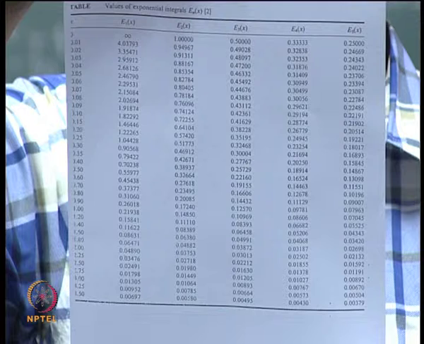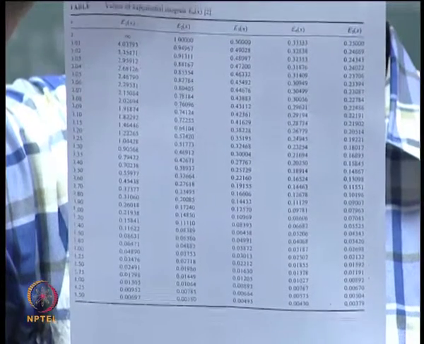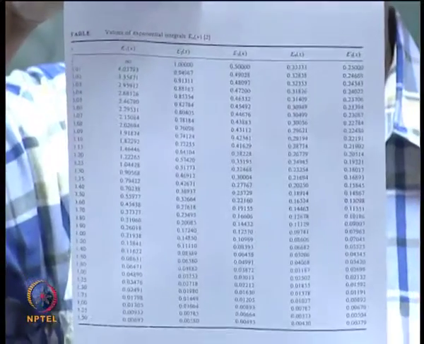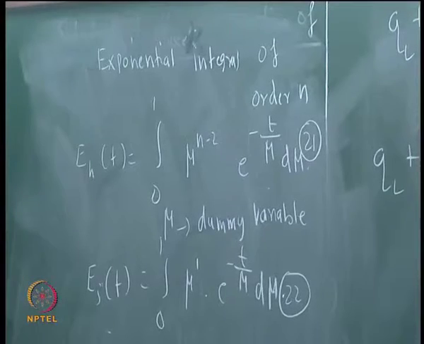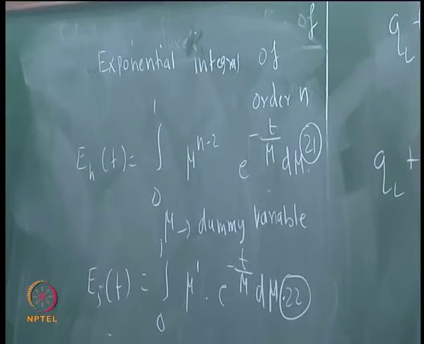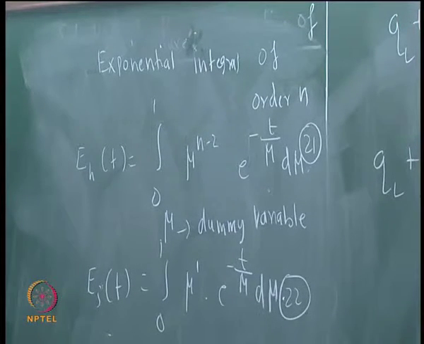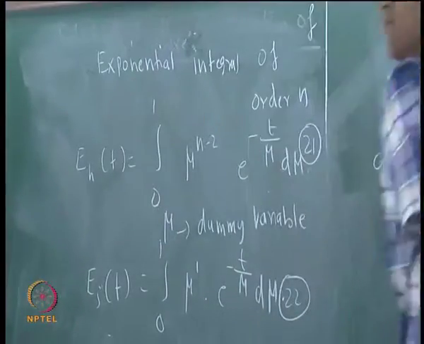The first column gives you the value of x, the second column is E1, third column is E2, E3, E4. As far as this course is concerned, we are worried about the first column and the fourth column, okay. Fine. What are the salient properties of this E3 as observed from the table?